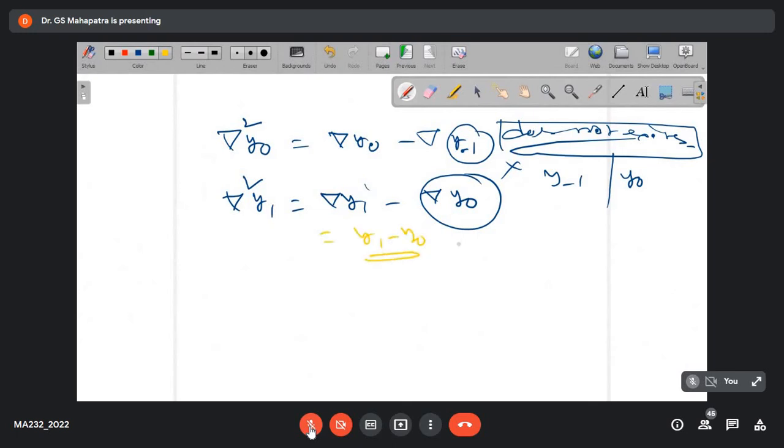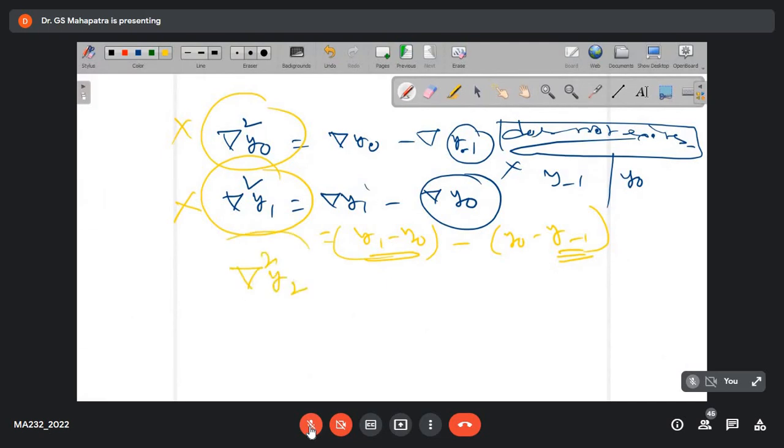It exists, but minus of y naught minus y minus 1, this one does not exist. So even this one does not exist. The second difference also does not exist, so it starts from nabla 2 y2. Fine, this is the starting point, nabla 2 y2.